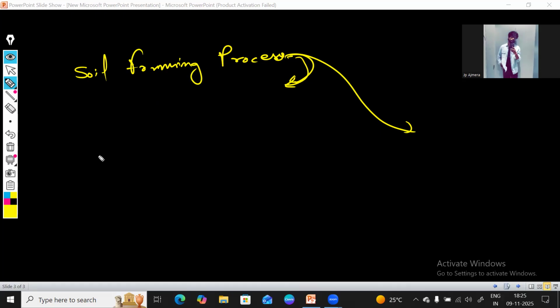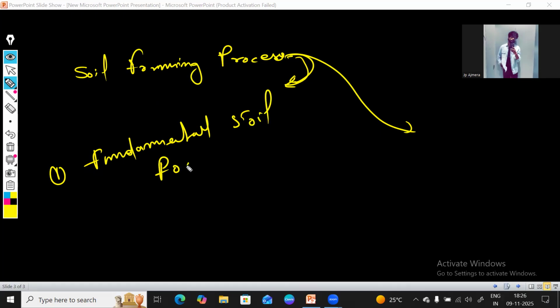Number one is the fundamental soil forming process. These are four in number. Then the second one, specific pedogenic process.